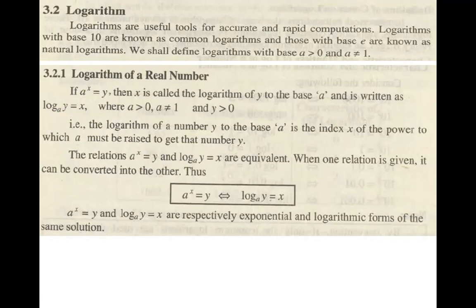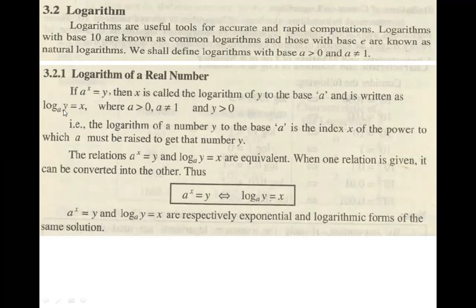Now look at the ways how we will read them, how we will write them. This is the exponential form: a raised to power x is equals to y. We will read it as a raised to power x is equals to y. Now, in the logarithm, we will read it like this: x is the logarithm of y with the base of a.